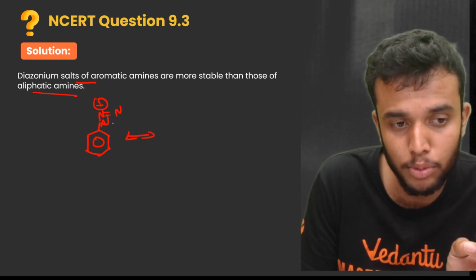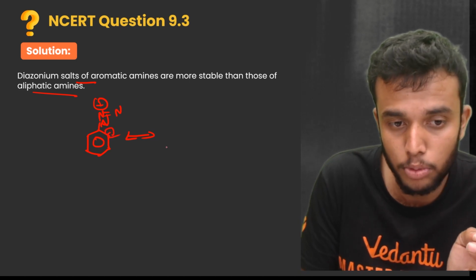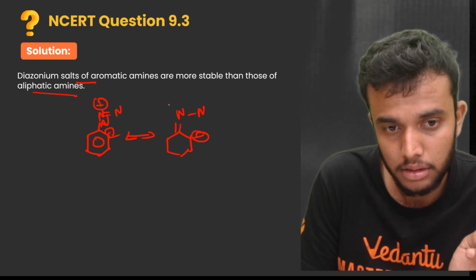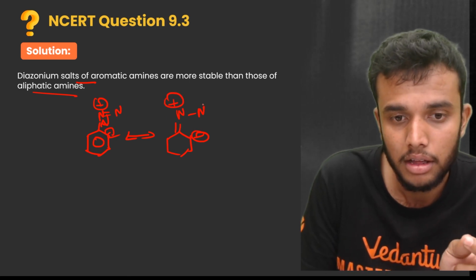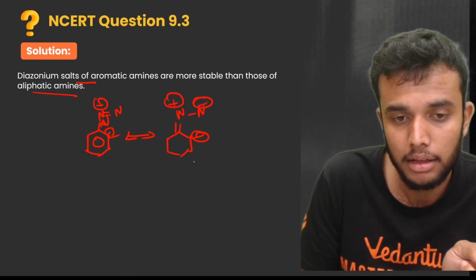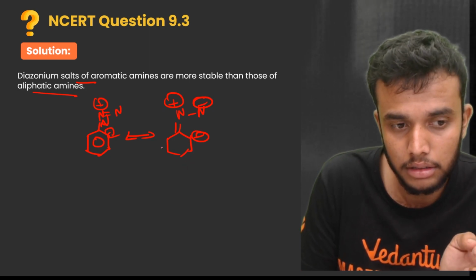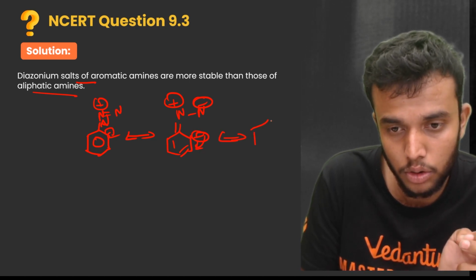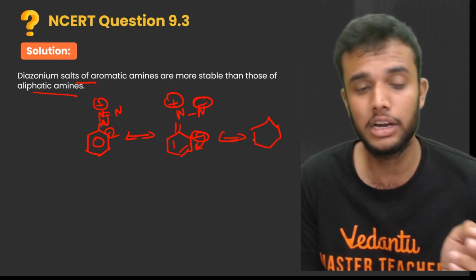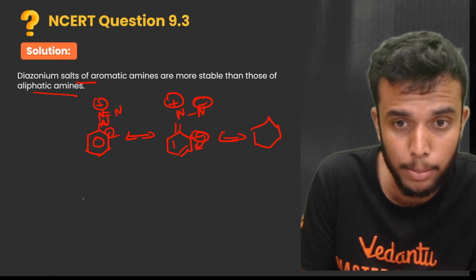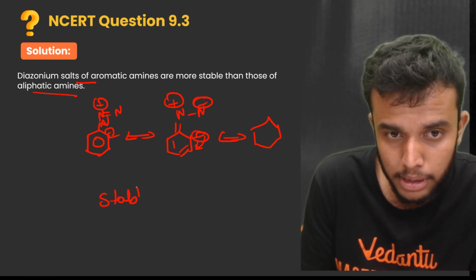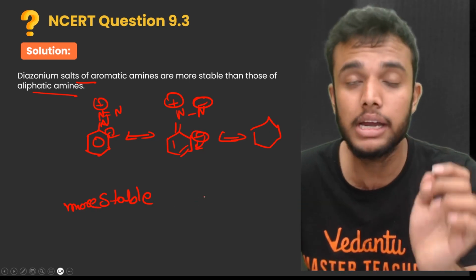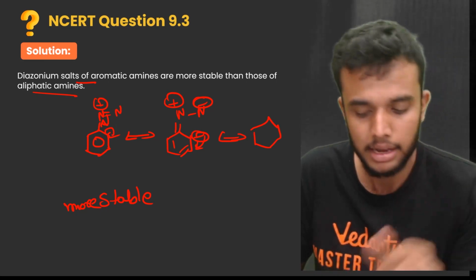The bond moves like this, forming a plus charge here and a minus charge there, and the bond moves again and undergoes resonance. That's why it is stable, more stable compared to aliphatic. In aliphatic, the resonance structures are limited; it does not undergo resonance. That's the answer.